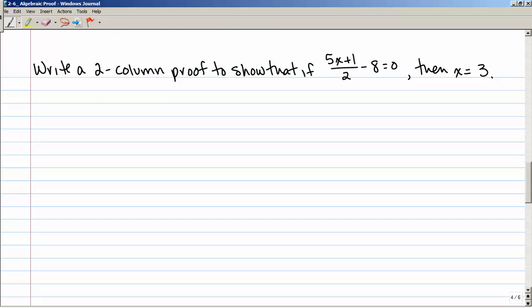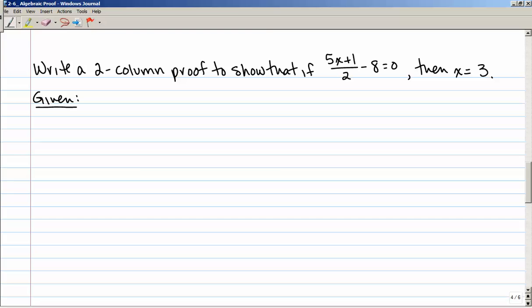Let's take a look at how to actually write a two-column algebraic proof. The problem will say write a two-column proof to show that if (5x plus 1)/2 minus 8 equals 0, then x equals 3. First thing we want to do is to write our given and our prove. The given is the hypothesis.